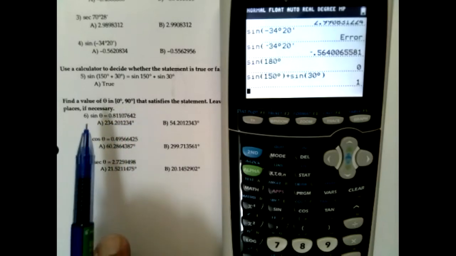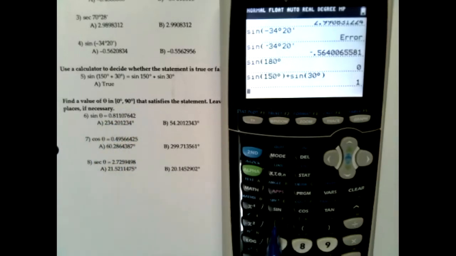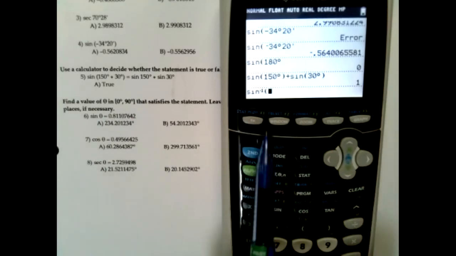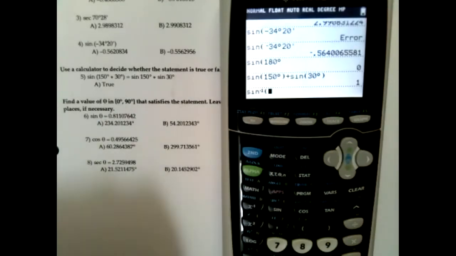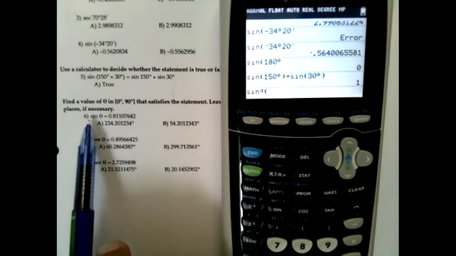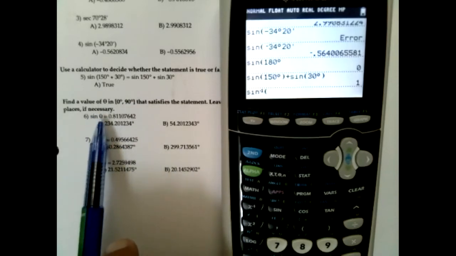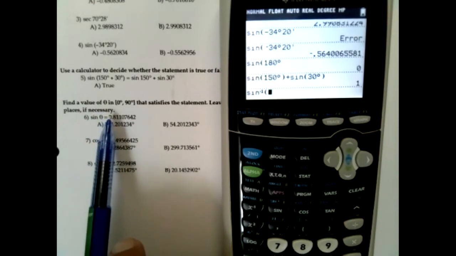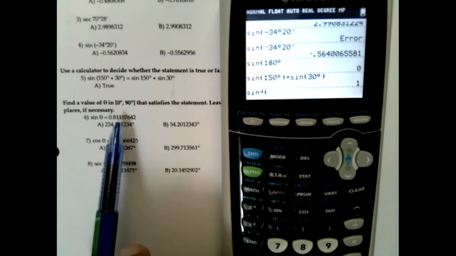But what I am going to do is, right above the sine, there's something called the inverse sine. So I'm going to do second sine, and now I get what's called the inverse, which basically is me sending the sine over, leaving the angle measure here. We're going to hit a section later in the semester that's going to make all this a lot more sense to you.